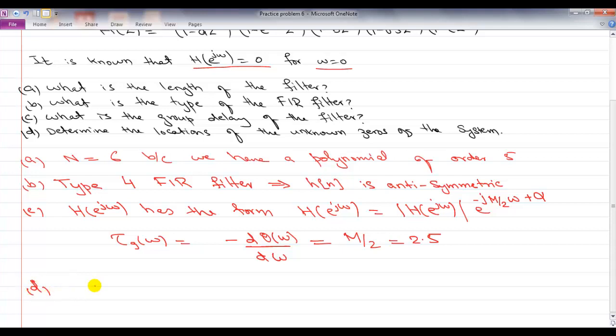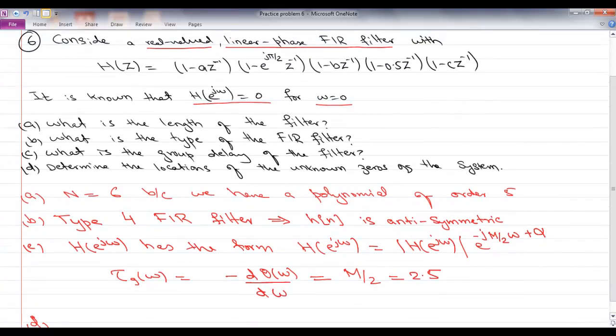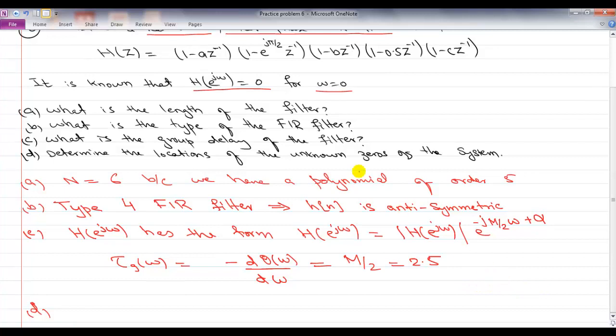Now the last part is determine the locations of the unknown zeros of the system. So we are given that we have a 0 at omega equal to 0. We have a 0 at e to the j pi by 2, at these locations, and a, b, and c are unknown. Okay, so we'll try to find the locations of these zeros.